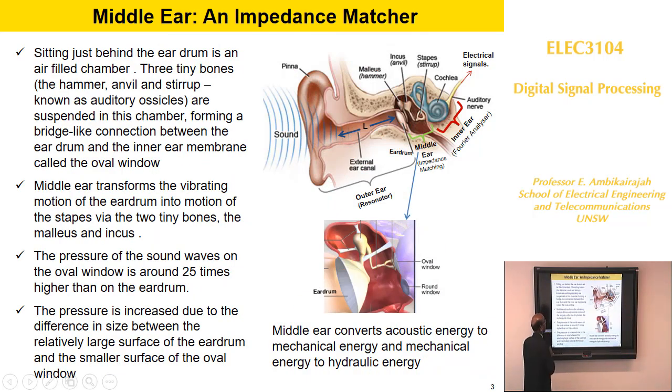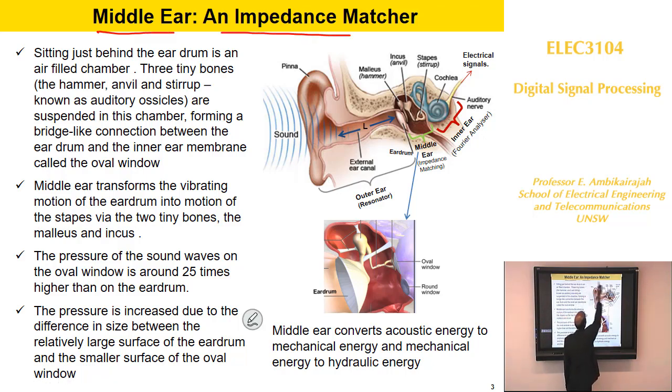Now we move on to the next slide. The next slide is the middle ear, which is the impedance matcher. What does that mean? There are 3 bones. The eardrum vibration makes the malleus hammer. The malleus is like a mallet, and the incus is like an anvil.